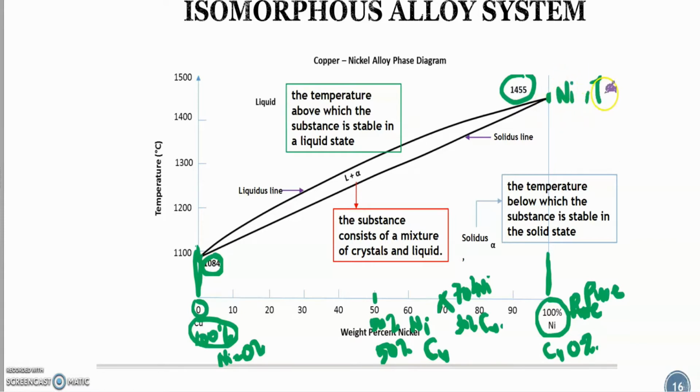This is TM for copper lah. Okay, so this mixture is copper and nickel, and the composition of the alloy could be in percentage of weight, atomic or mole fraction. So, di dalam peratus untuk weight, atomic and mole fraction.